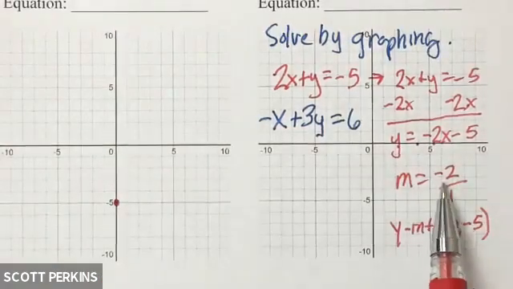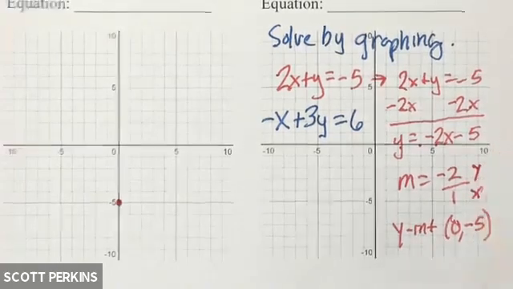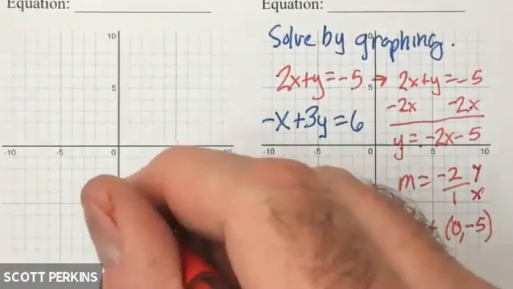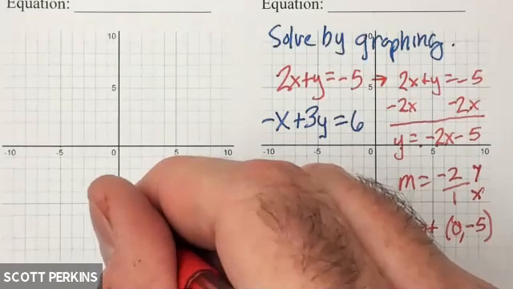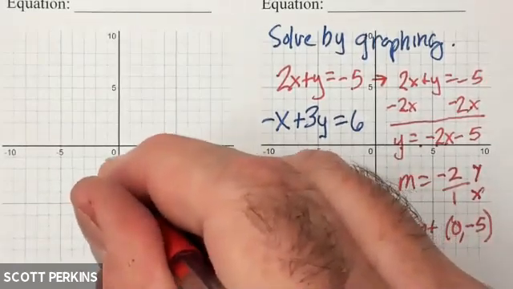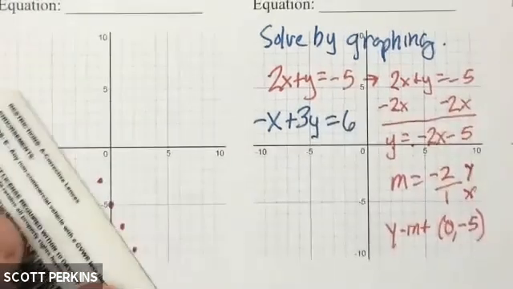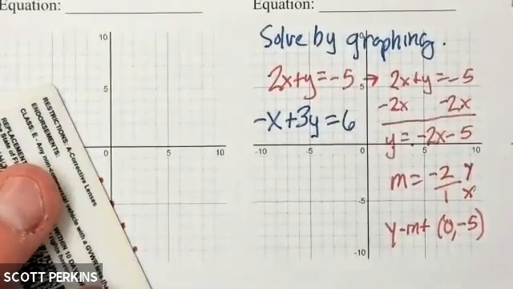And then the slope being -2 over 1 means I go -2 in the y direction and then 1 in the x direction. So -2, 1, -2, 1. We can go the other way. We can go +2, -1. It doesn't matter. So now I need a straight edge. So I will pull out my lovely driver's license and I will connect these dots.